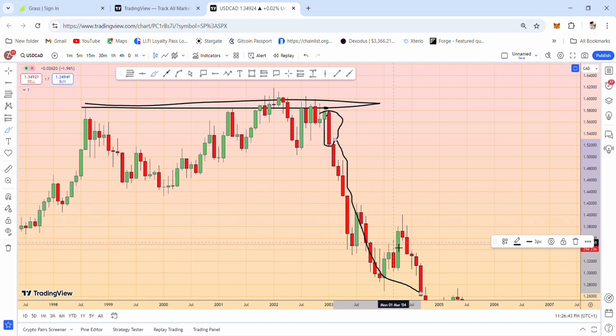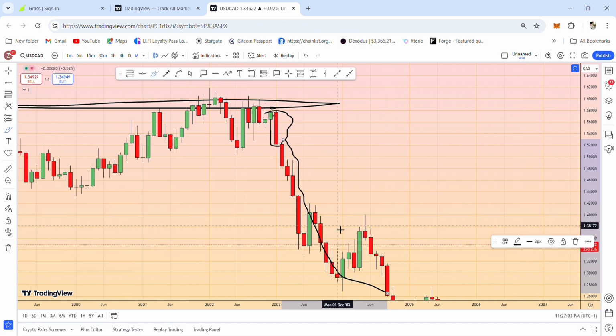So we have this shooting star candlestick.